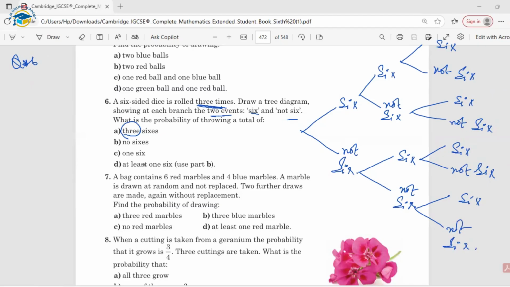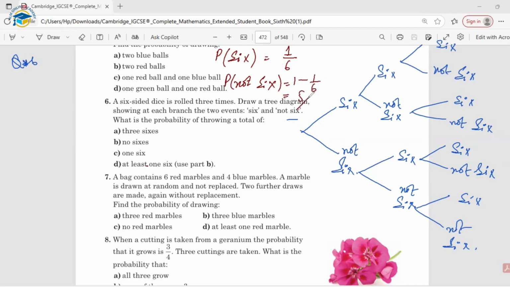Like, what is basically the probability? We have total 6 possibilities, and probability of getting a 6 on a dice will be 1 over 6, because only one time we can get 6 out of total 6 possibilities. And the probability of getting not 6 will be 1 minus 1 over 6.